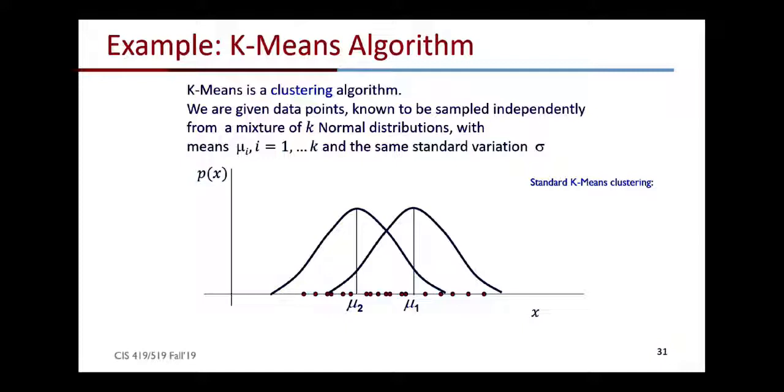I assume that there are, let's say, 2 Gaussians here. But a given point could belong to this Gaussian or belong to this Gaussian, and I don't know which it came from, right? And my goal is to take all the data points and cluster them, essentially tell which of the Gaussians it came from.